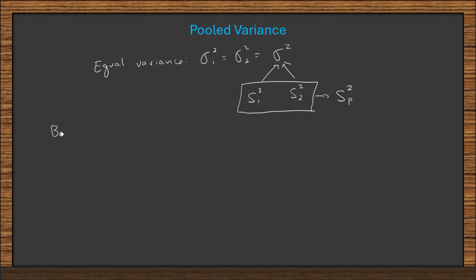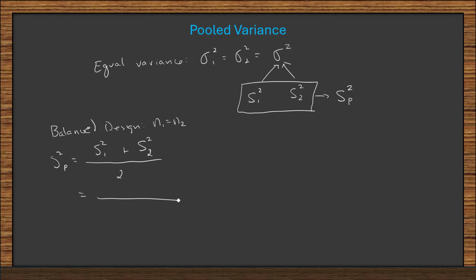If you have a balanced design, which is one where the sample sizes are equal to one another, and which it is in this case, the pooled variance is equal to the average of the individual variances. So we take the variance of the first group plus the variance of the second group, and we divide by 2.